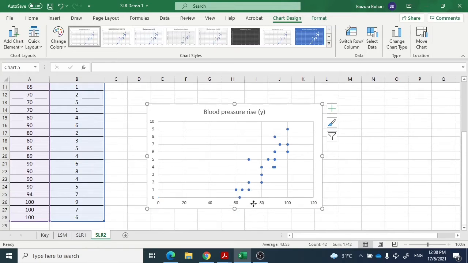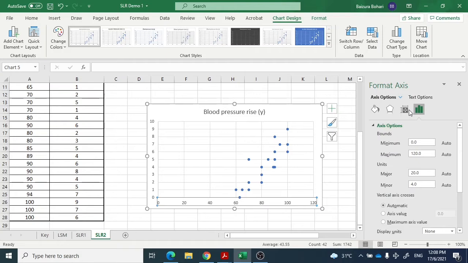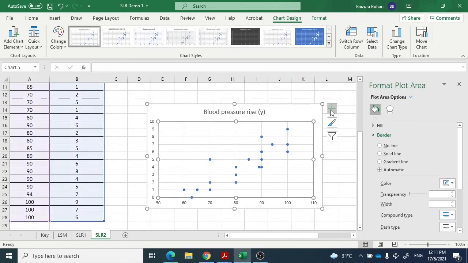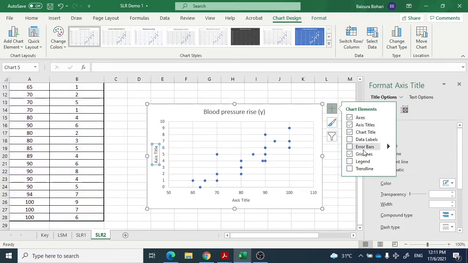Format chart, right click, format axis. I think the unit here we can start from 50. Okay, so it's better. Okay, click plus, axis title, and also trend line. So you have trend line.